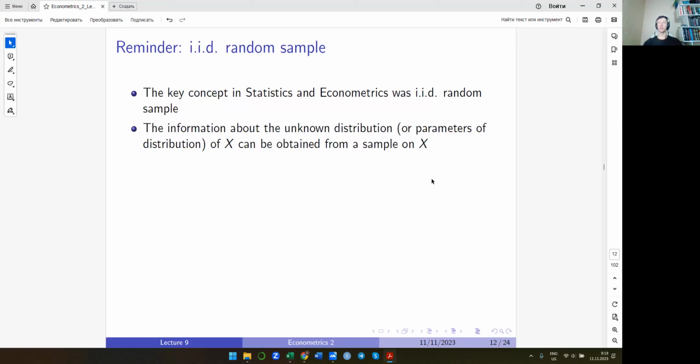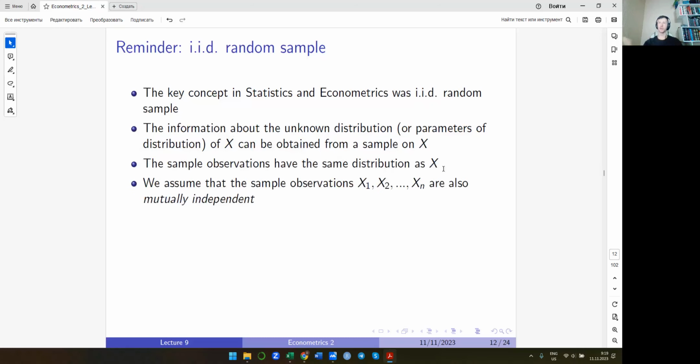So we just take a random sample and we can characterize somehow the unknown parameters. And we are sure with this IID concept that the sample observations have the same distribution as the unknown random variable. So we assume that sample observations are mutually independent and they are identically distributed.